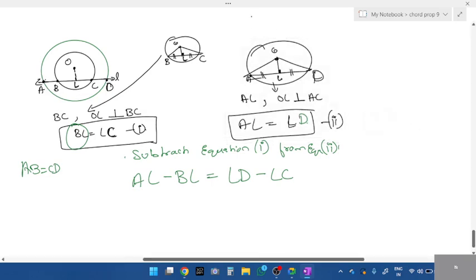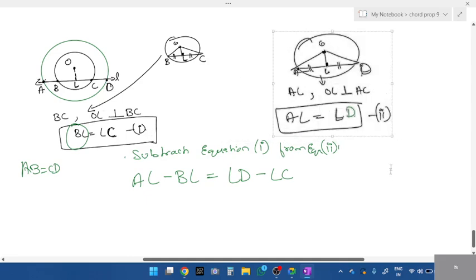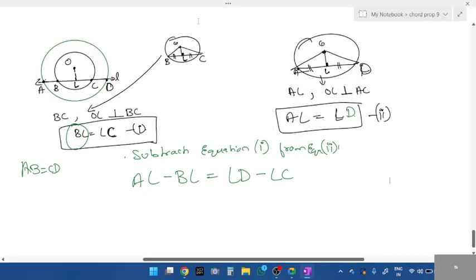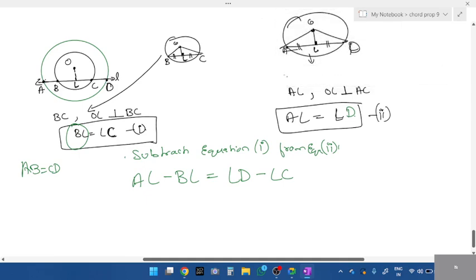Or if you want, you don't have to draw this. You can just write in the smaller circle, in the larger circle. If you don't want to draw the diagram, you can just mention in larger circle. Write these two points in larger circle.